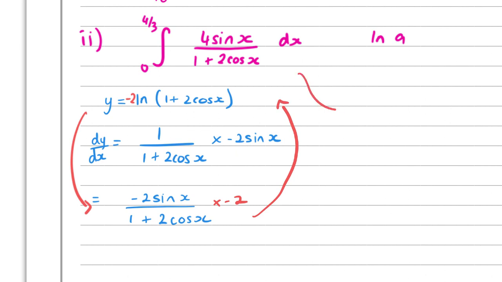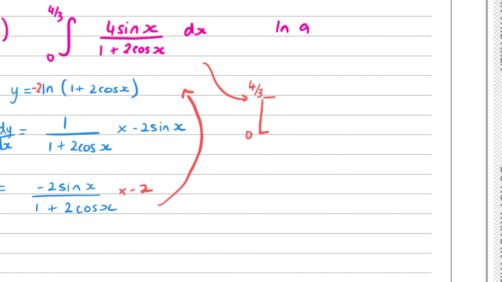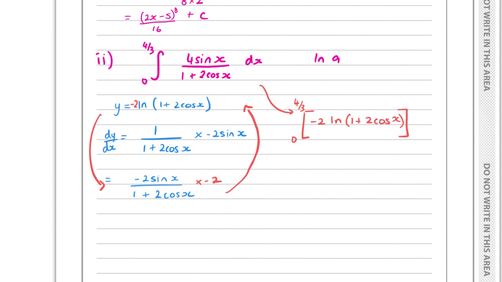So the integral of 4 sine x over 1 plus 2 cos x is in fact minus 2 ln of 1 plus 2 cos x. Okay, nice and simple. We don't need a constant of integration because we're putting in our limits.